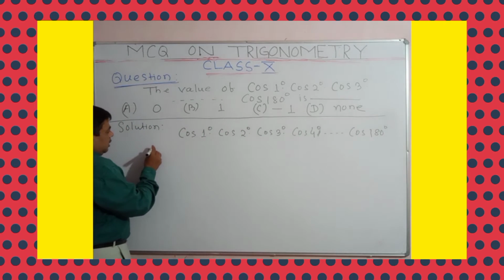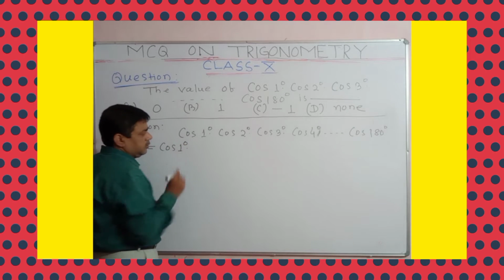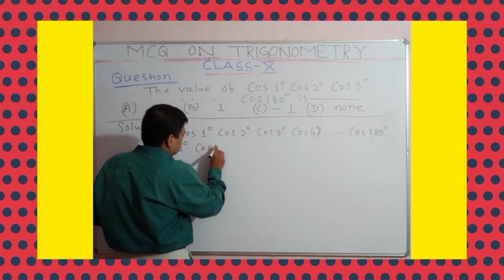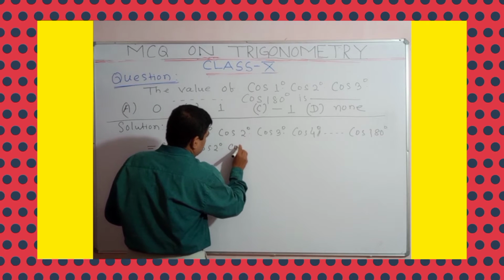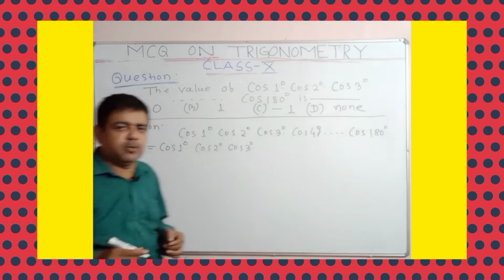Understand? And you see cos 1 degree, cos 2 degree into cos 3 degree. Understand what to do?